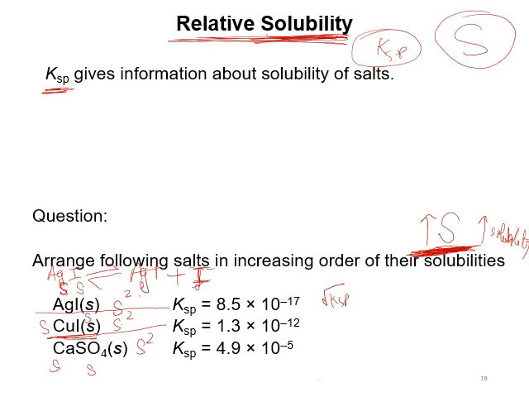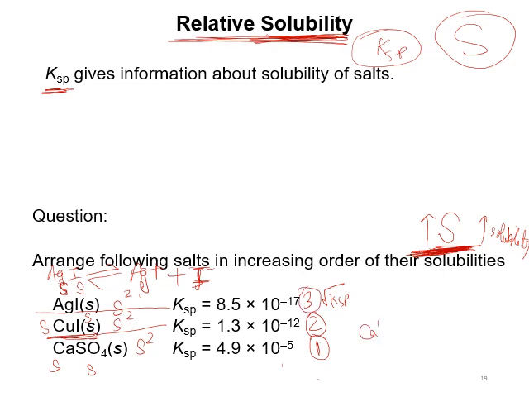Okay. So one way is you take the square root of that, and each of those will give you the same order as the Ksp. So which has the highest Ksp here? This. So this is going to be the most soluble salt, then this, which is CuI, and the least soluble salt is going to be AgI.